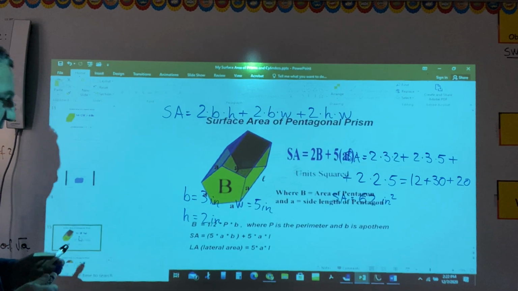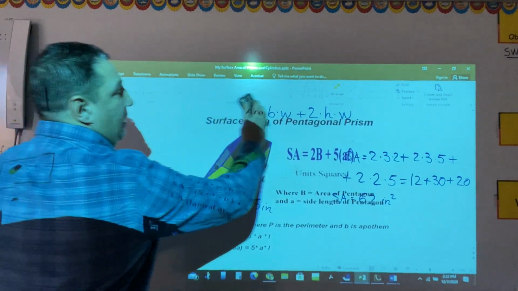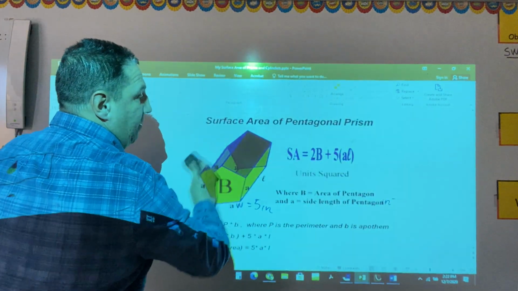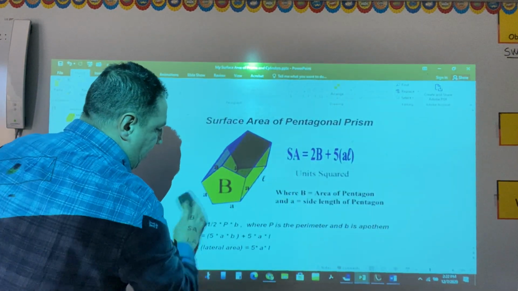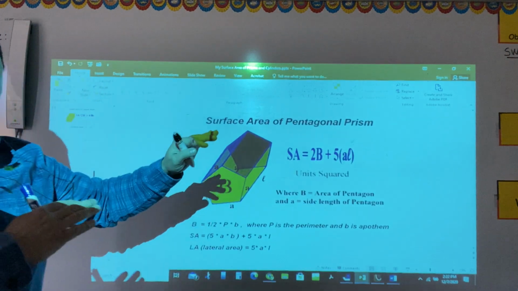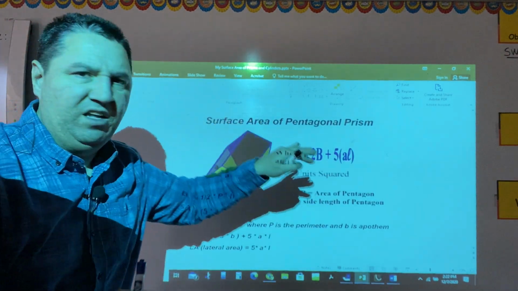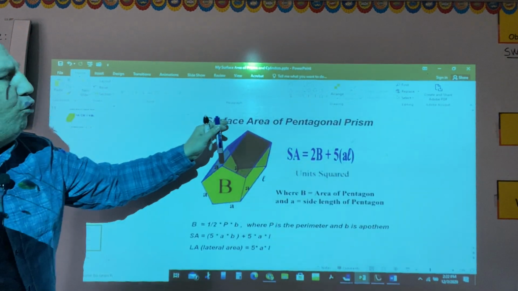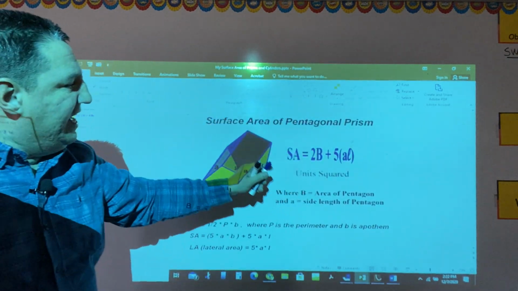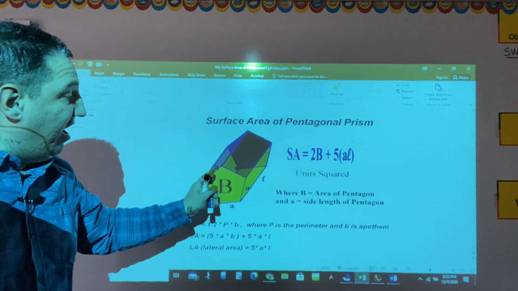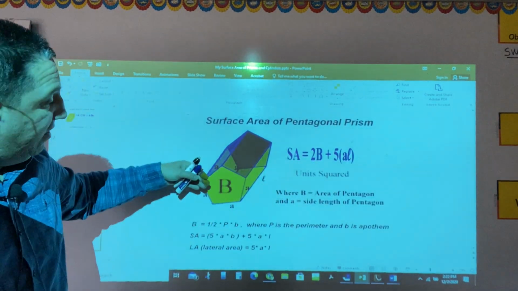We also have a pentagonal prism. Well, I just give you the formula for surface area. We'll not get into many details. So for a pentagonal prism, surface area is 2 times the area of the base, right?